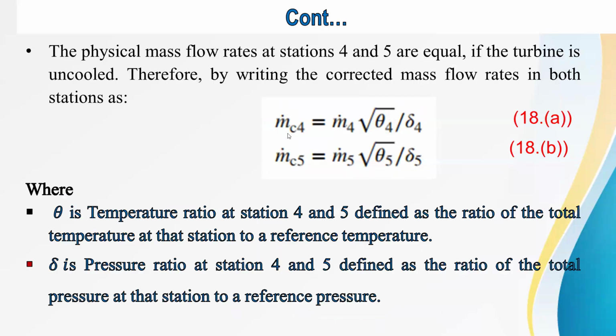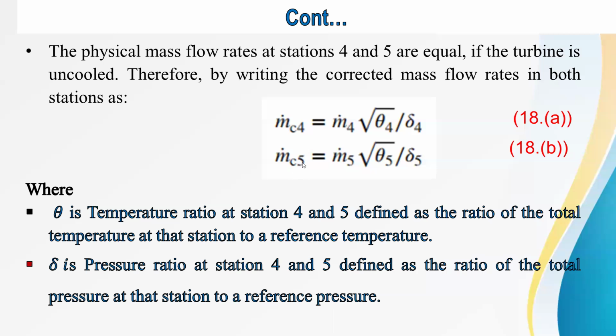So we can write the mass flow rate at 4, where 4 indicates the exit point of the combustor, which is the actual mass flow rate of the combustor. This is actually the fuel and air mixture, times the square root of the temperature ratio at 4 divided by the pressure ratio at 4.